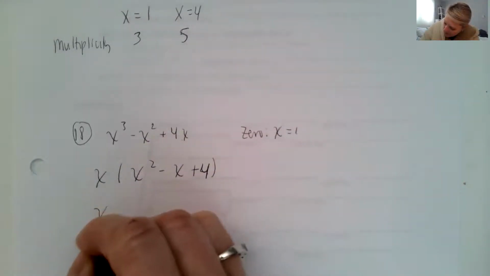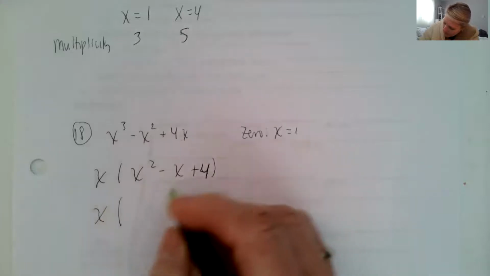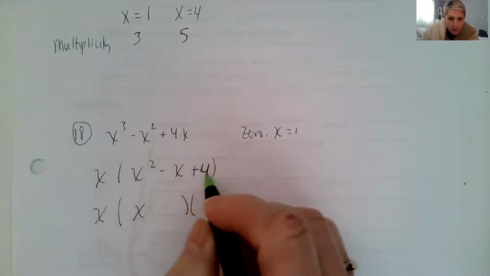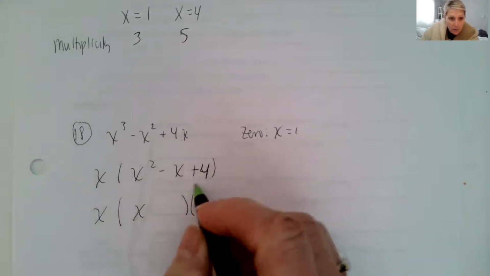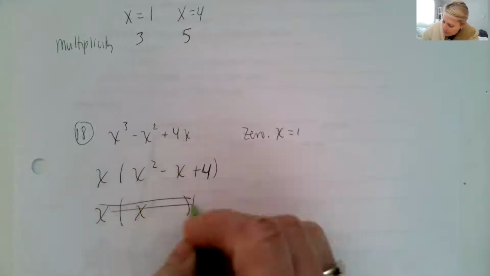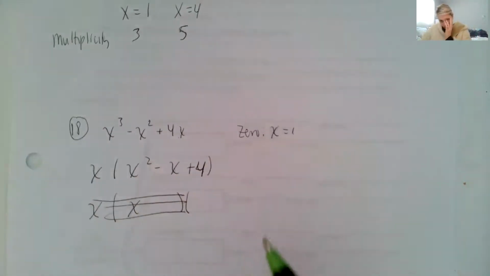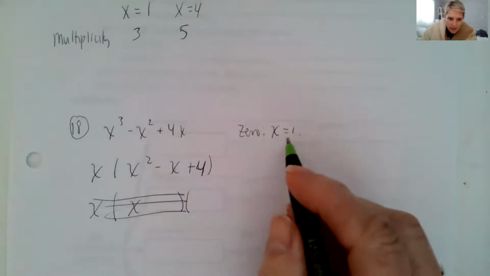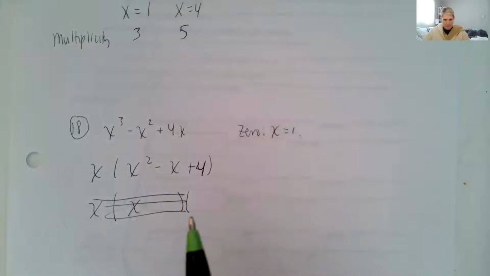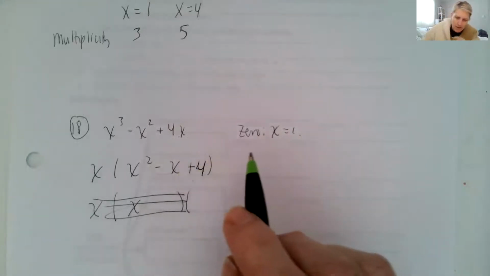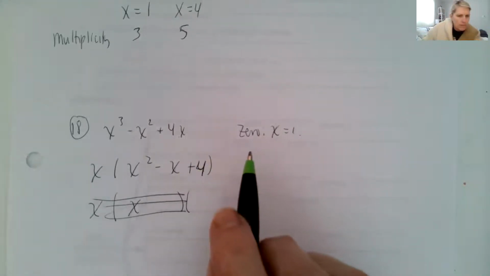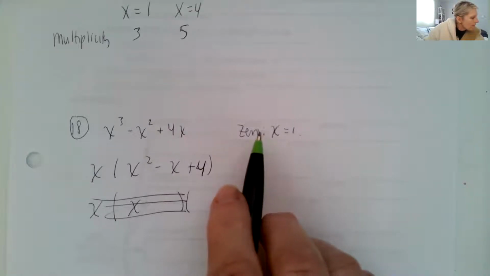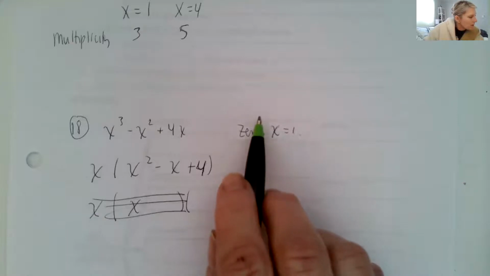Can that factor? Nope, it cannot factor because 4 only has 4 and 1 or 2 and 2 as factors, and they don't add to -1. So we know that x minus 1 is a factor.